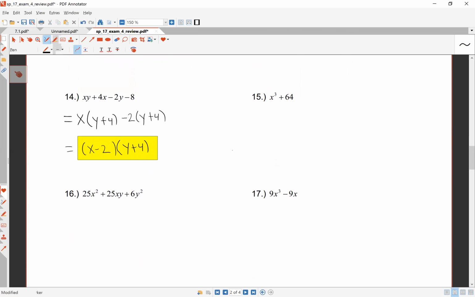All right, number 15 is a binomial. We have an x cubed and a 64. That looks like the cube of x and the cube of 4. So this one you have to memorize that long formula to get it factored. I would always say something like recover your two terms, x and 4.